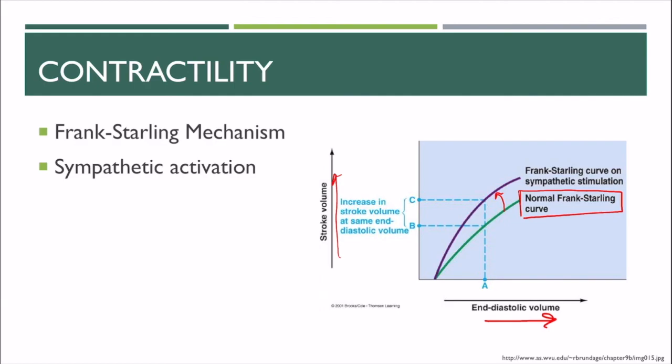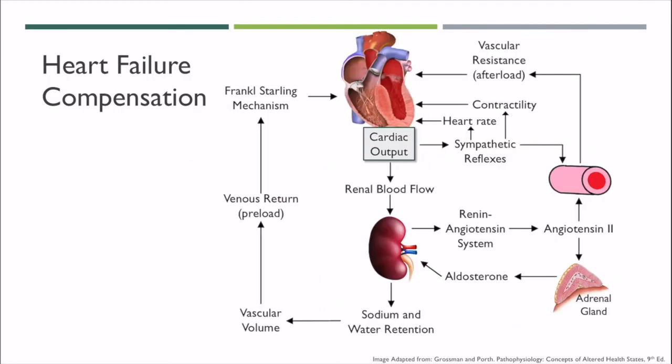We've already talked about how Frank-Starling stretches the myocytes and stimulates increased contractility. But the other way of doing that would be with sympathetic activation. If we activate the sympathetic nervous system, the ventricle is innervated by sympathetic nerves and can squeeze harder. If you can squeeze harder, you can get more blood out per beat. You can raise stroke volume.